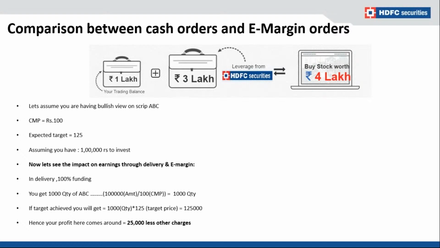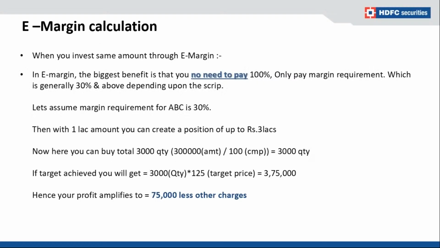But in the e-margin, it's a completely different scenario. When you trade in e-margin, the same amount is available with you, 1 lakh rupees as your trading balance, but you can get a benefit of 3x to 4x margin exposure.